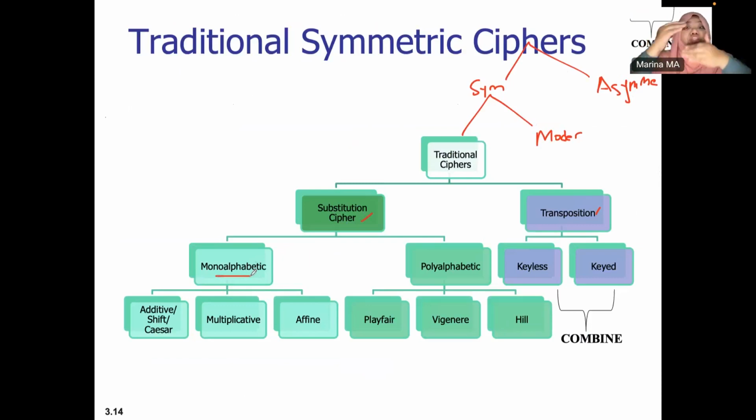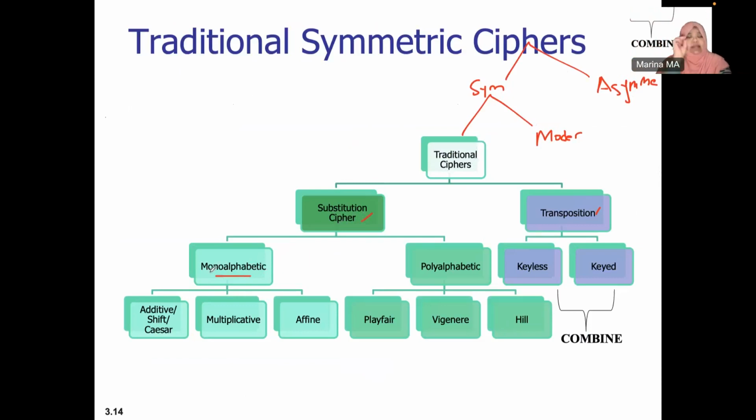We change, we substitute A to Z, B to Y, C to X. We substitute one alphabet at a time, and that's why we call it monoalphabetic substitution, a traditional symmetric cipher. That's how I explain it. A becomes Z, or another letter becomes another, like that. One letter is exchanged to become another letter.